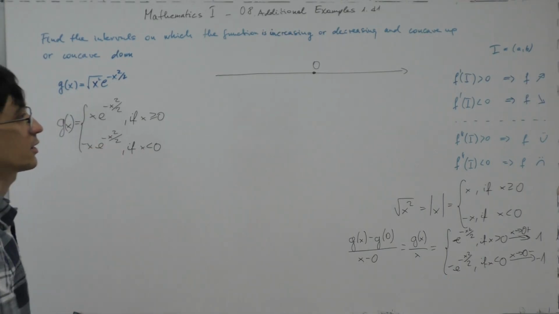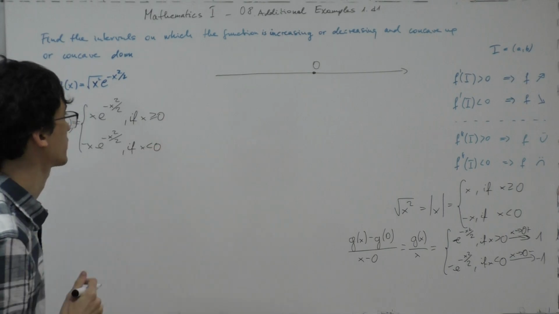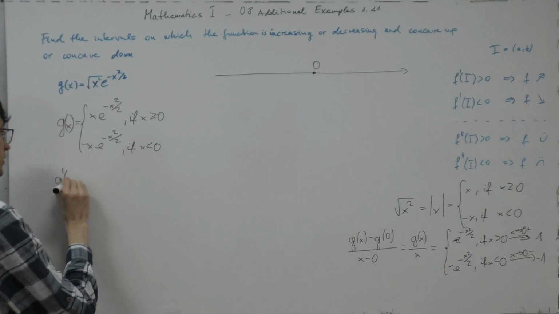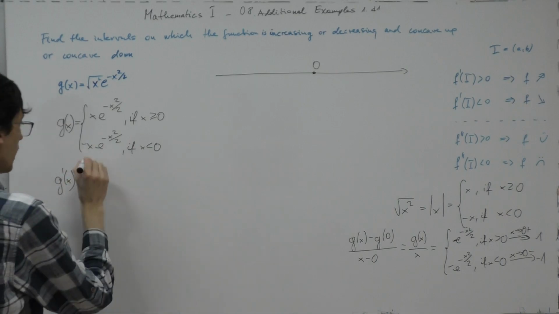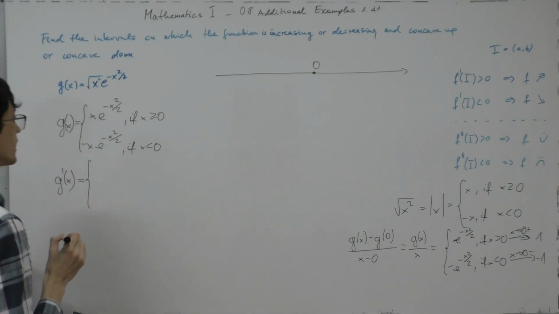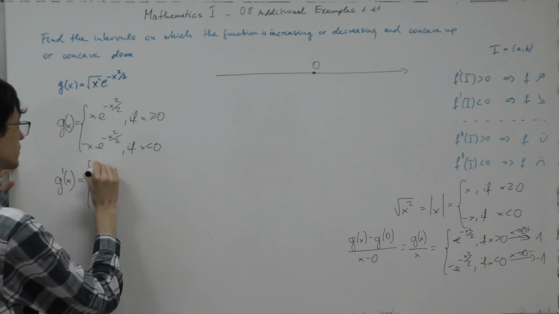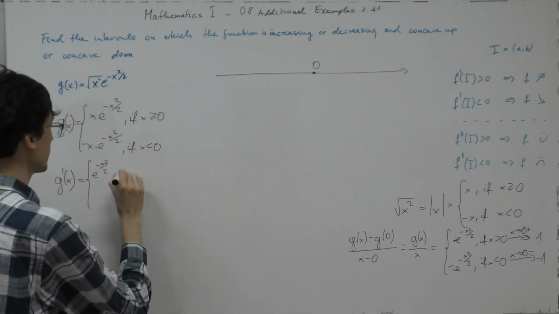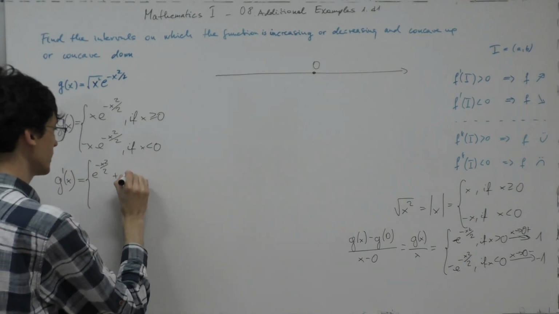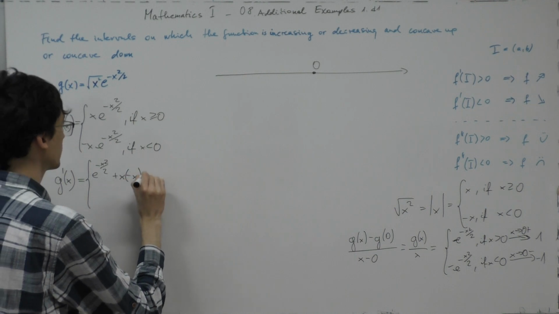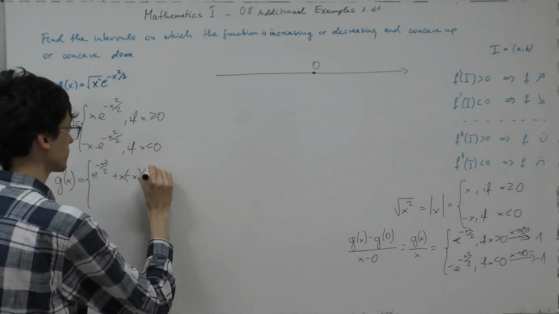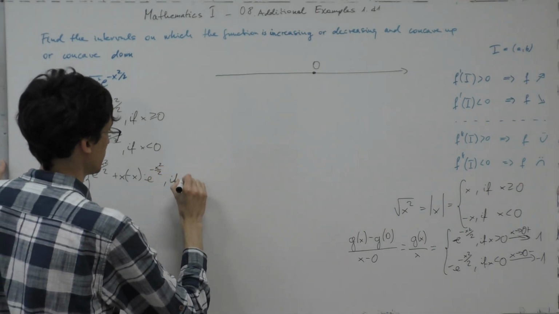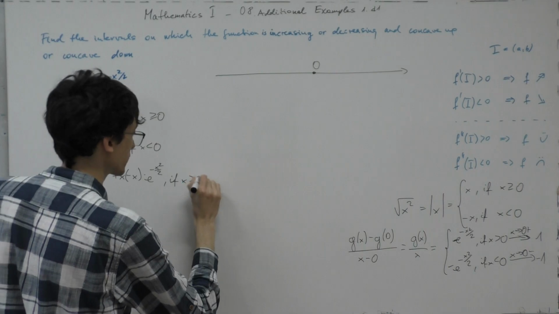But on the rest of the domain, we can easily differentiate the function, so we can calculate g prime of x, giving us e to the negative x squared over 2 plus x times negative x times e to the negative x squared over 2 if x is greater than 0.